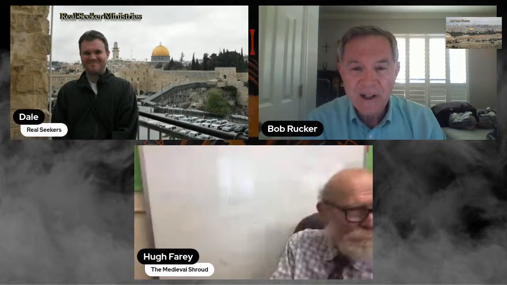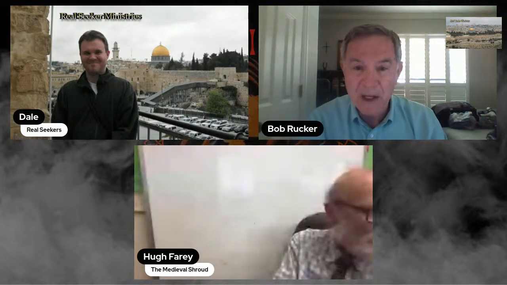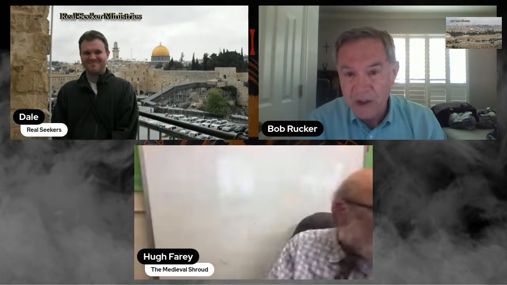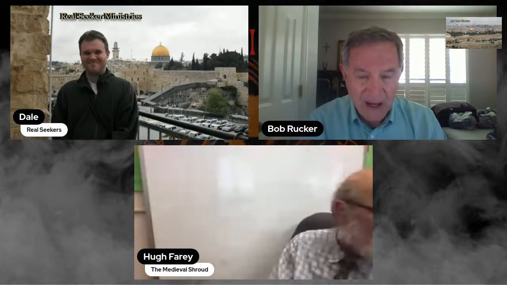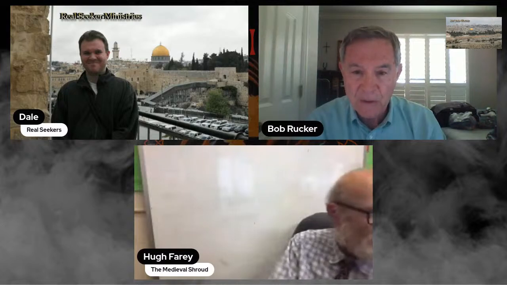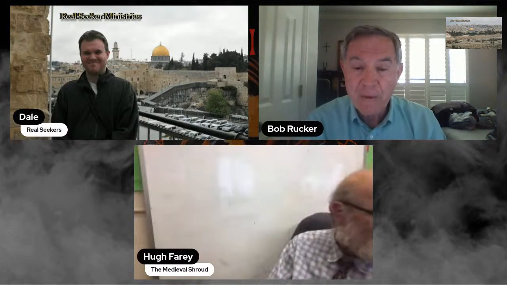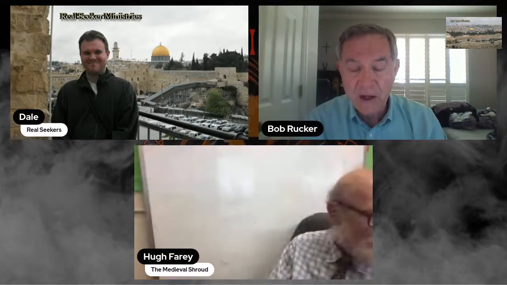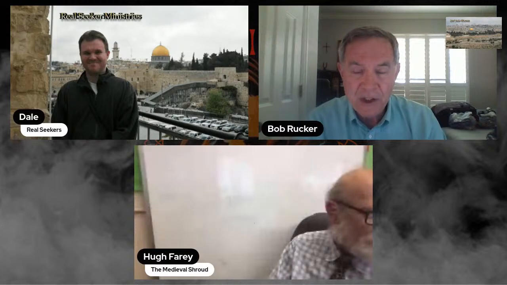I interpret it as proving how the image was not made, because of the dramatic difference between what's shown in these attempts and what's actually on the shroud. As I mentioned before, radiation controlled by information has produced the very best image of the face on the shroud. So, if anything, we should go with the option which produces the best image of the face on the shroud, which is radiation controlled by information. And that's what my hypothesis is.